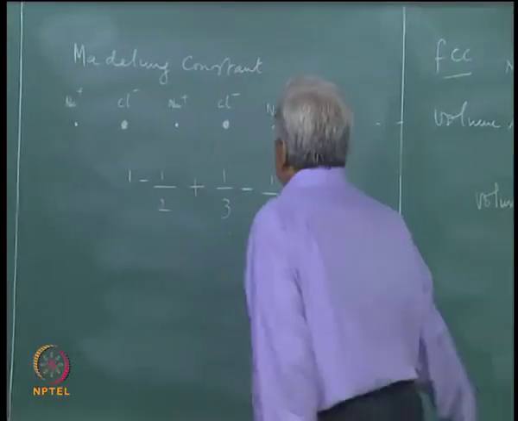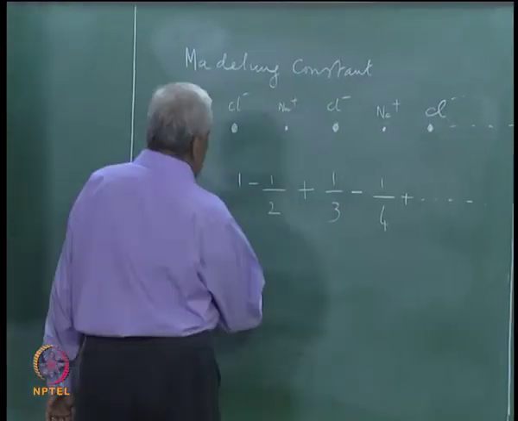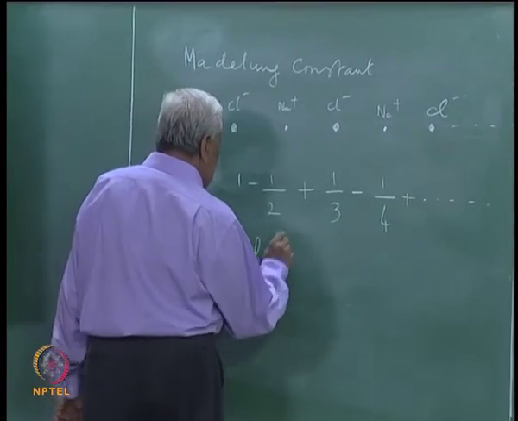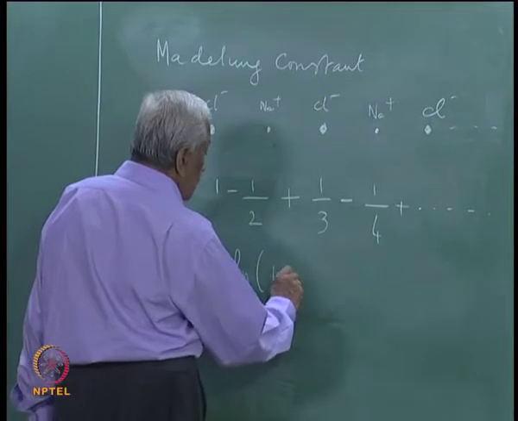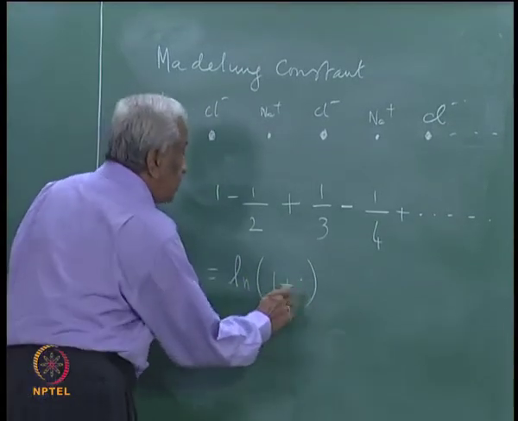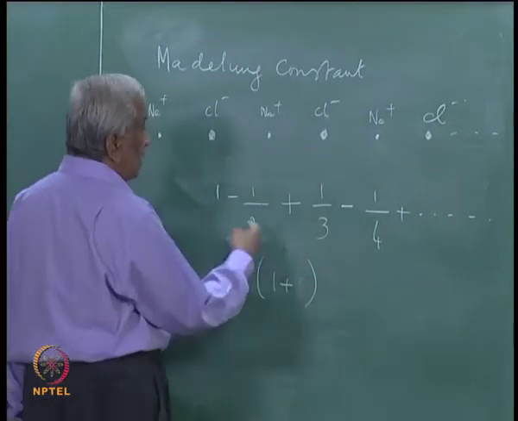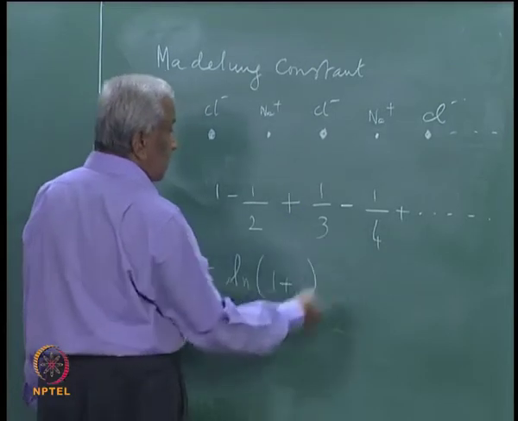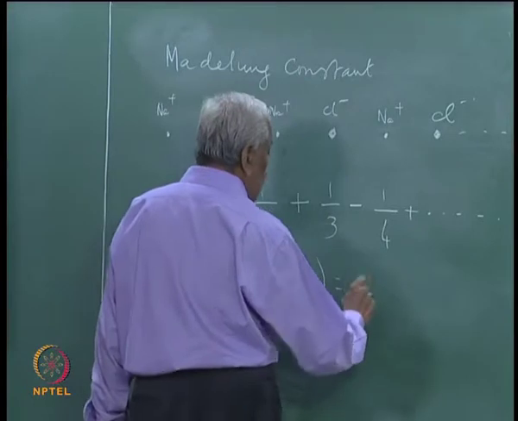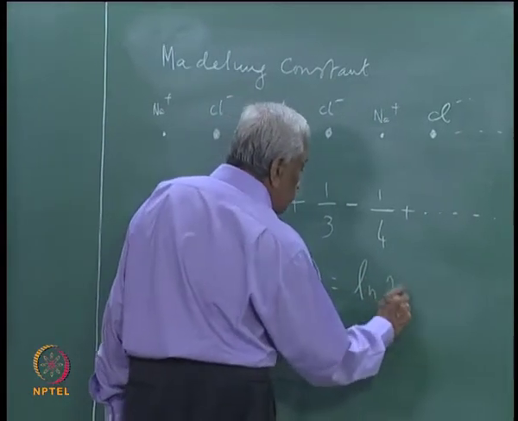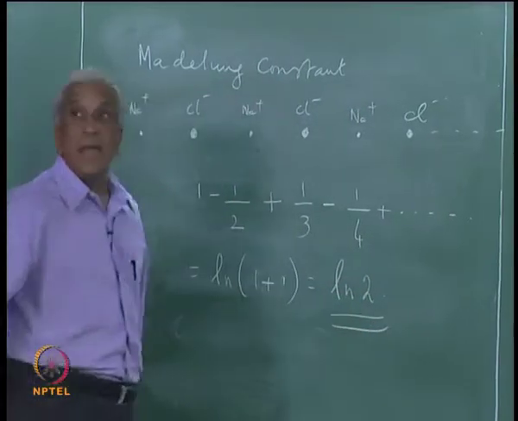As you can recognize, this is nothing but the logarithmic series of log 1 plus x, where x is also 1; log 1 plus x is x minus x square by 2 plus x cube by 3 etcetera. So, this is just log 1 plus 1, which is log 2. That is the Madelung constant.